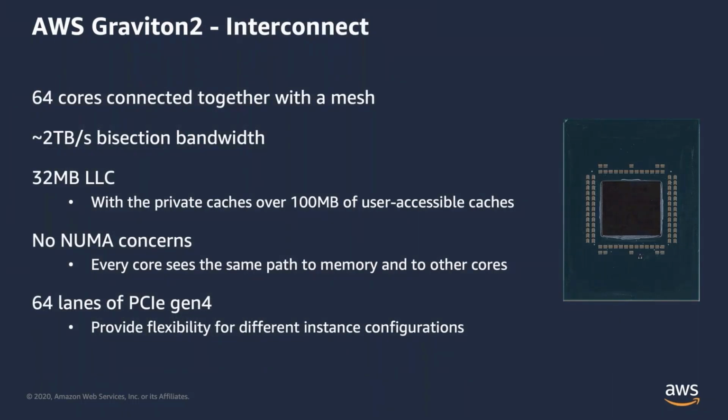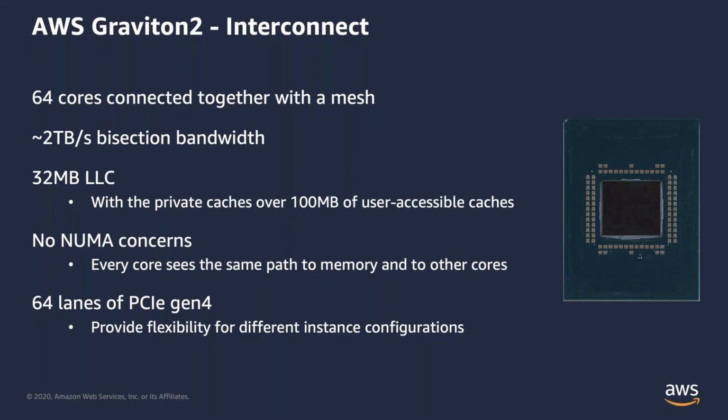On the Graviton2, the 64 cores are connected together through a mesh, which gives 2 terabytes per second of bisection bandwidth between the cores and has 32 megabytes of last level cache shared between the cores. If you consider the additional private caches of the different cores, that gives you over 100 megabytes of user accessible caches.